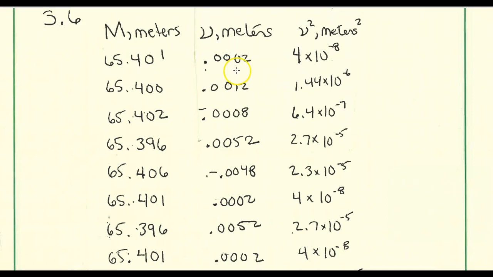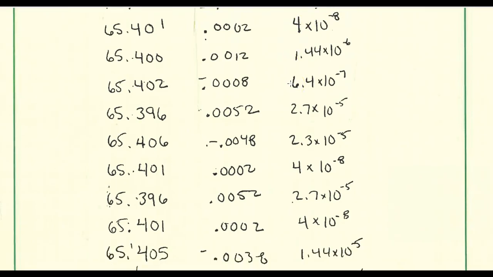So we take this number and multiply it by itself, or raise it to the second power. Now, in this case, because the residuals are small, the residuals squared are going to be extraordinarily tiny. But if you remember, a positive number times a positive number and a negative number times a negative number are both positive. So the residuals squared are always positive.